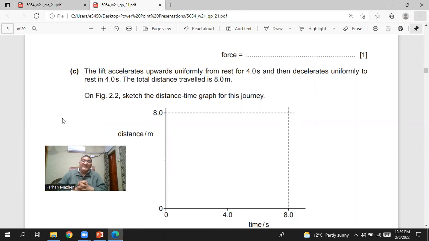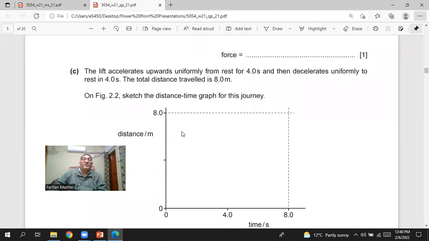So speed is decreasing. So the gradient or the slope of this graph should decrease. And then it stops. Okay. So in the first 4 seconds, I will draw a graph which will have an increasing gradient. And in the last 4 seconds, I will draw a graph which will have a decreasing gradient. So let me show you.